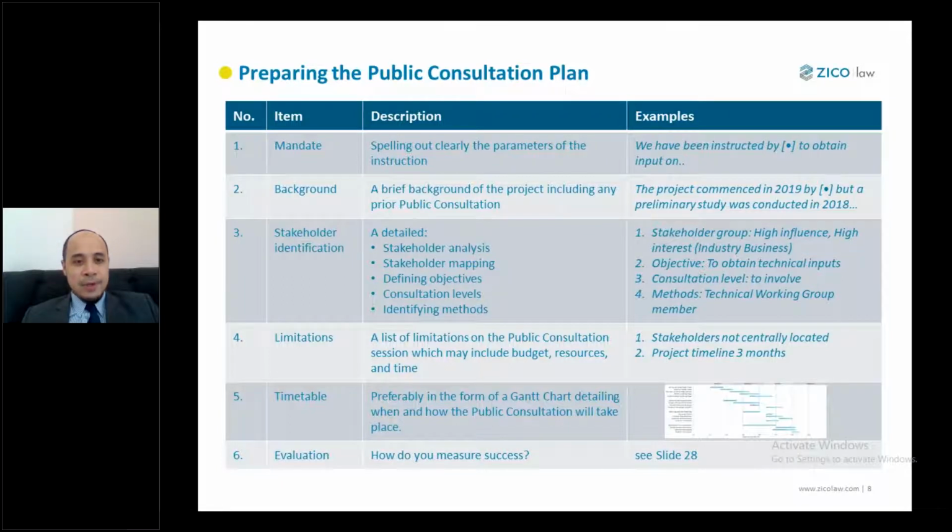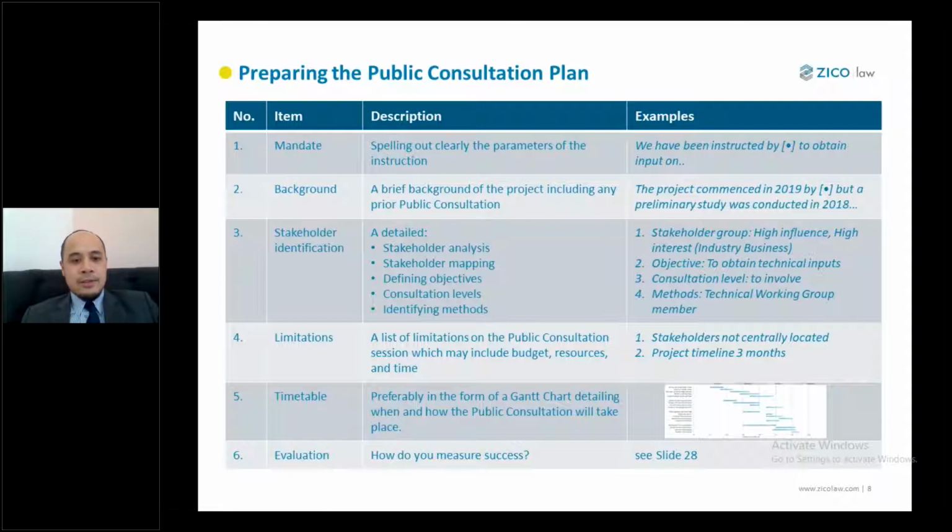Money: you don't have the financial resources to actually carry out all the consultation that you want. And of course, resources in the sense that your manpower might be limited. You're a small department, a small unit, a small government agency. So this is very important because these limitations will actually determine what consultation techniques or methods that you use later on.